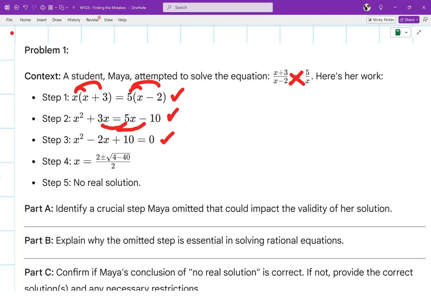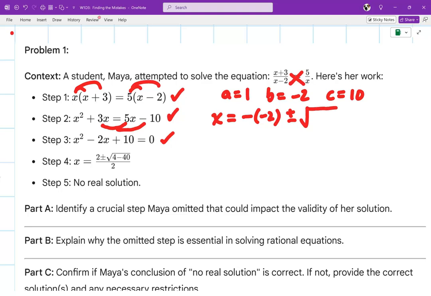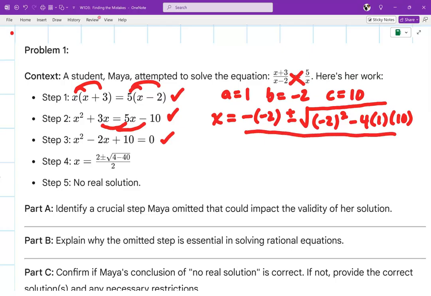Where your a term, your b term, your c term, let me write down my a value. So look at step 3, okay? a is 1, b is negative 2, c is positive 10. And they used the quadratic formula that's back there in that poster. x equals negative b, so negative of negative 2, plus or minus the square root of b squared, so negative 2 squared, minus 4 times a times c, over 2 times a.